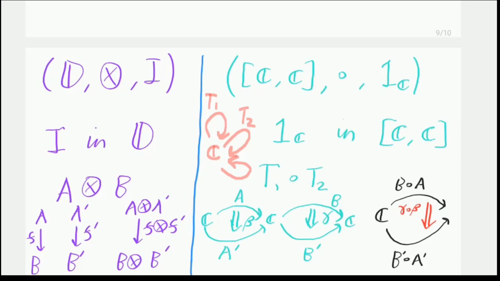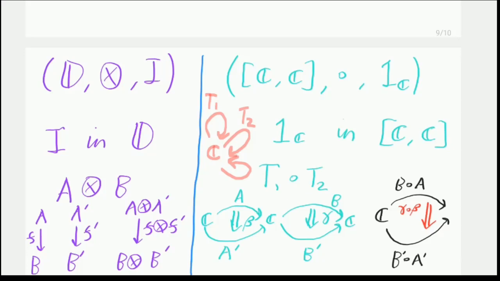And so now the final question is, how are we going to define our tensor product of these two arrows? So we have this arrow beta from A to A', and this arrow gamma from B to B'. And the answer is just horizontal composition of natural transformations.